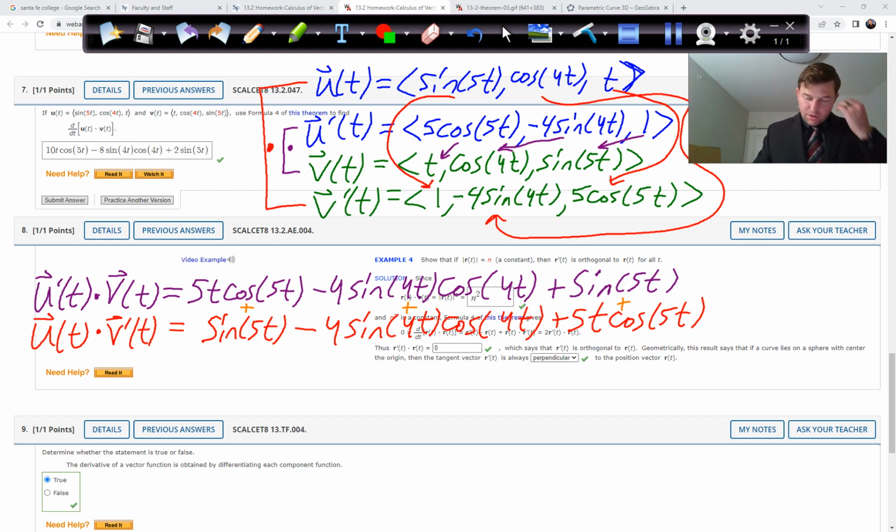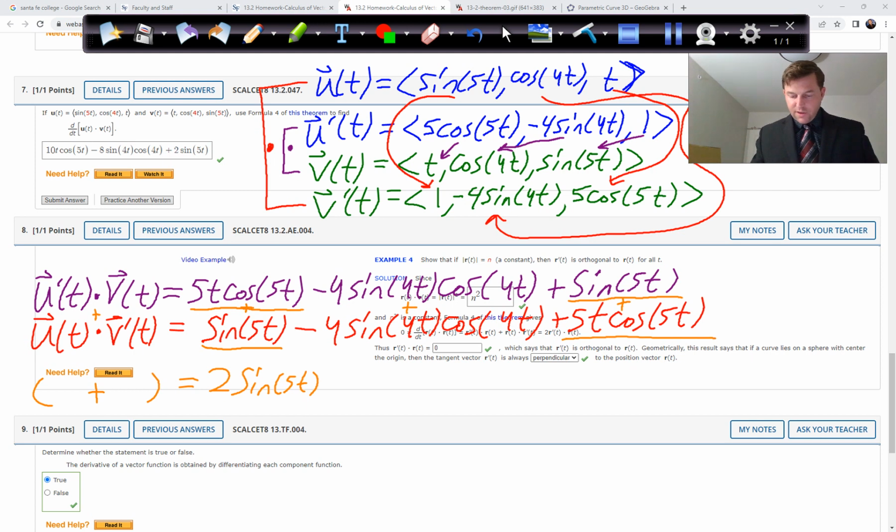Now you'll actually notice, hopefully, that this first term and this third term are the exact same. So when we add these two together, we're going to get 2 sine 5t. And you might notice that this first term here, 5t cosine 5t, is the same as this one here, 5t cosine 5t.